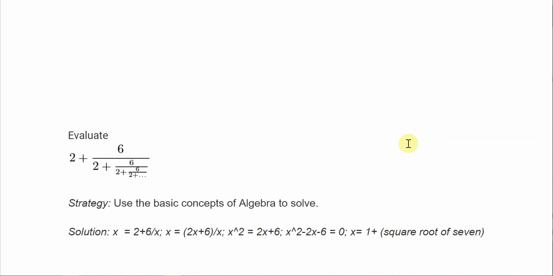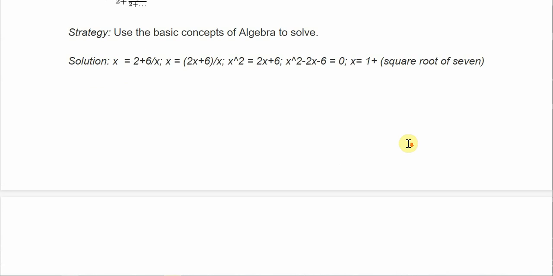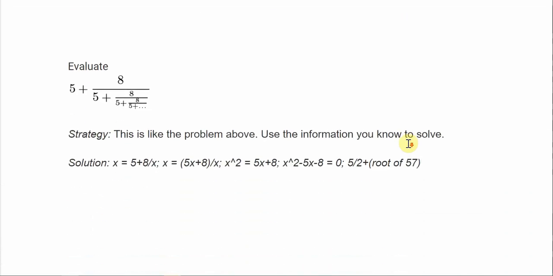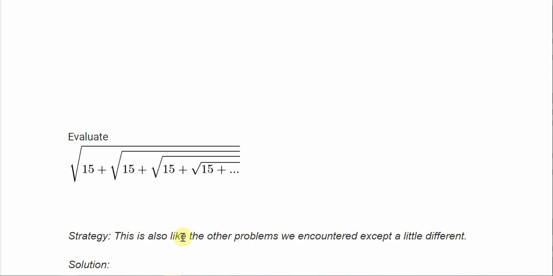Let's try doing that. We used x here, so let's use x here too. Okay, so x is equal to root of 15 plus root of 15 and so on. I would have to square this infinite times to get this. How do we do this?